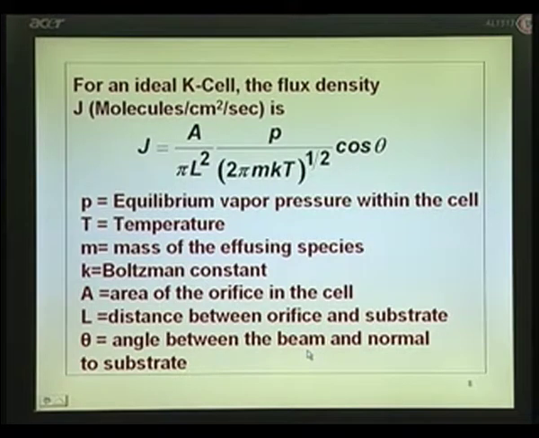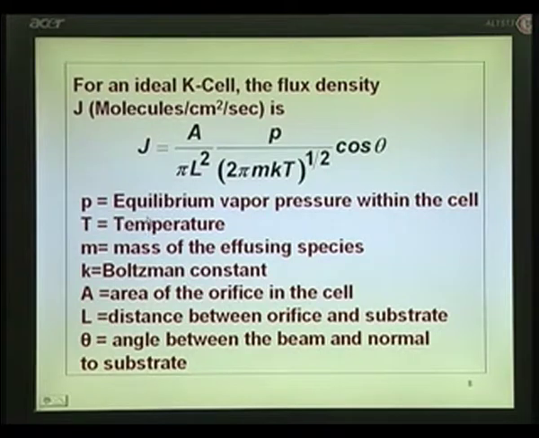If it is 0, flux is maximum. These are just some general ideas. The flux also depends upon the distance between the orifice and the substrate. The more the distance, it varies as the square law, so flux is lower.